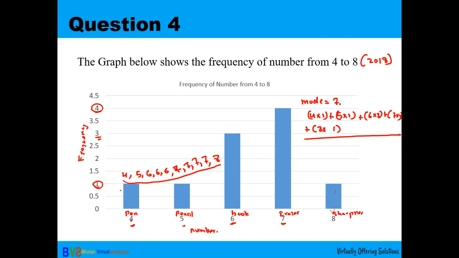The total, 1 plus 1 plus 3 plus 4 plus 1, is 10. When you calculate this, you will get the same 6.3.